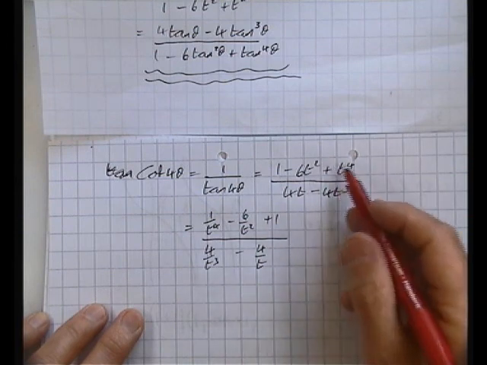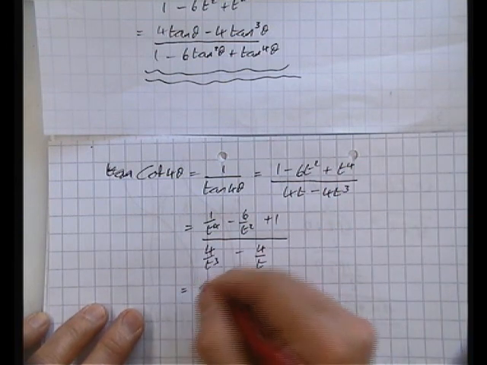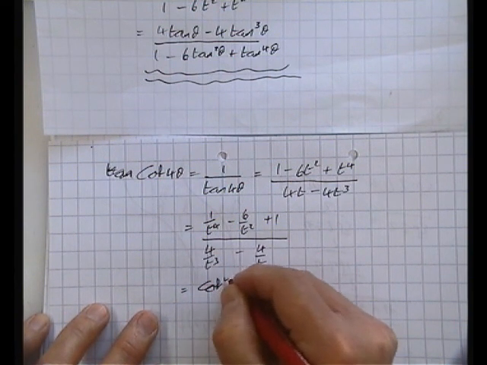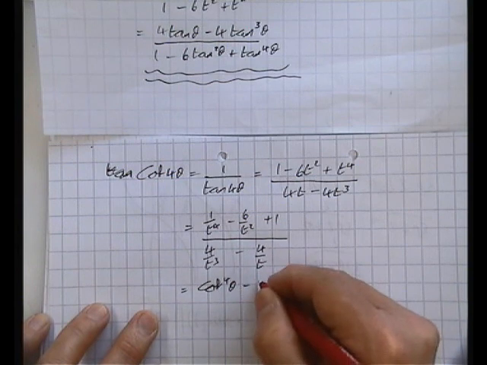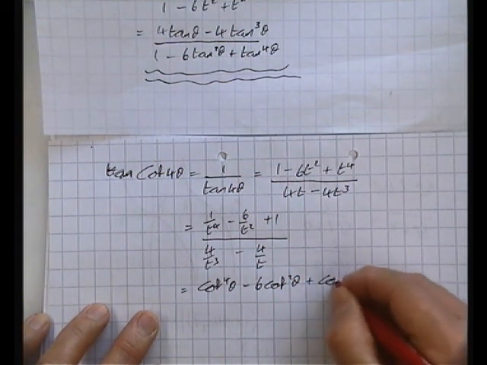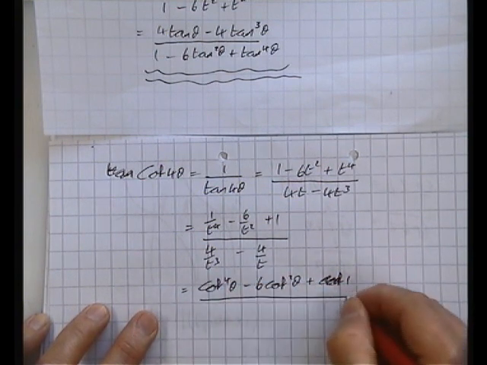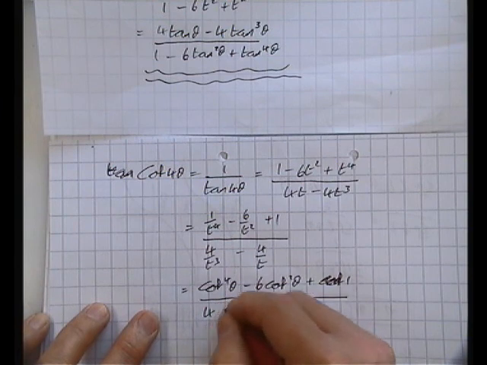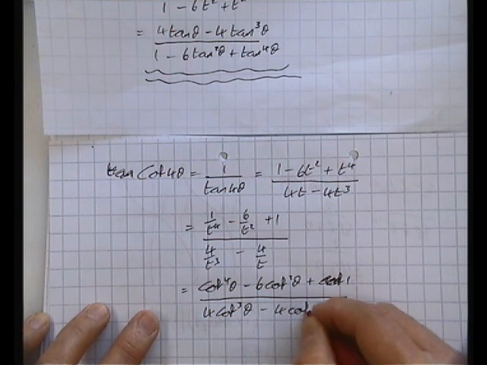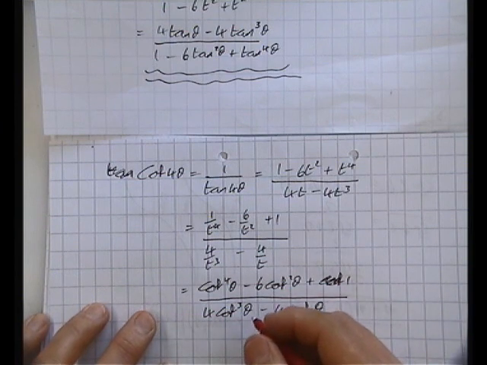Now that 1 over t to the power 4 is cot to the 4 theta. So that gets me cot to the 4 theta minus 6 cot squared theta plus 1, sorry, all divided by 4 cot cubed theta minus 4 cot theta, which is what we actually wanted.